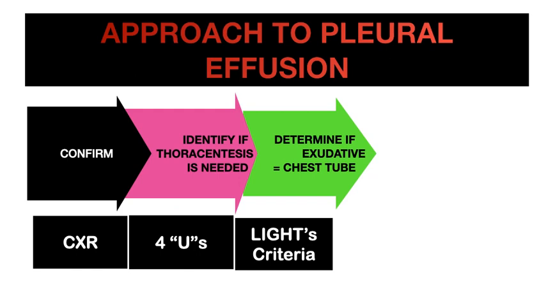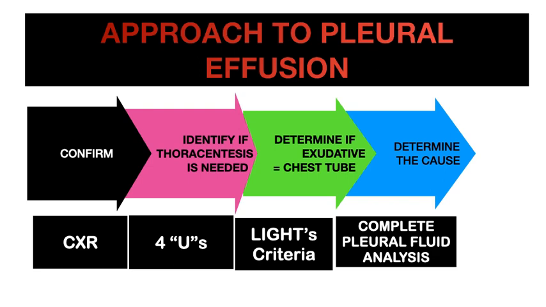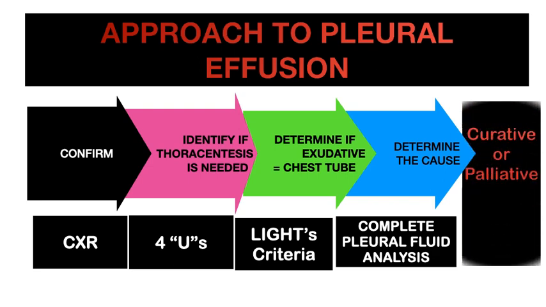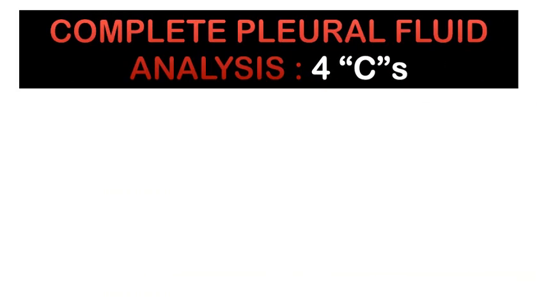Whether CTT is done or not, we should determine the cause by sending the specimen we drain for comprehensive analysis of the pleural fluid so that we can arrive at a definitive diagnosis and management. For the complete pleural fluid analysis, we use the mnemonic 4 Cs.